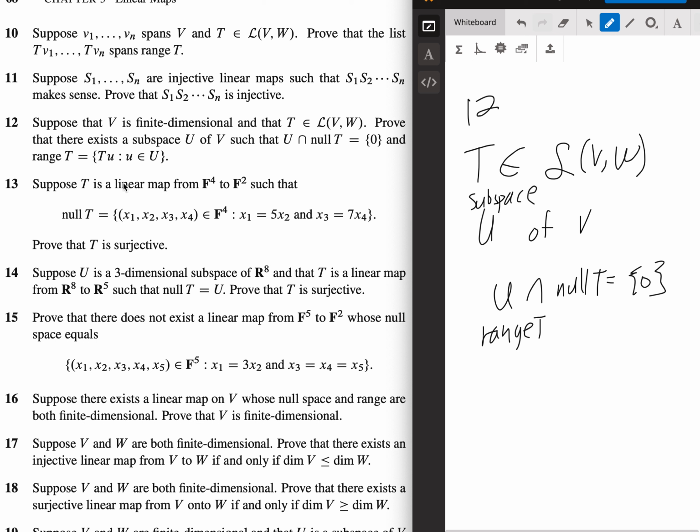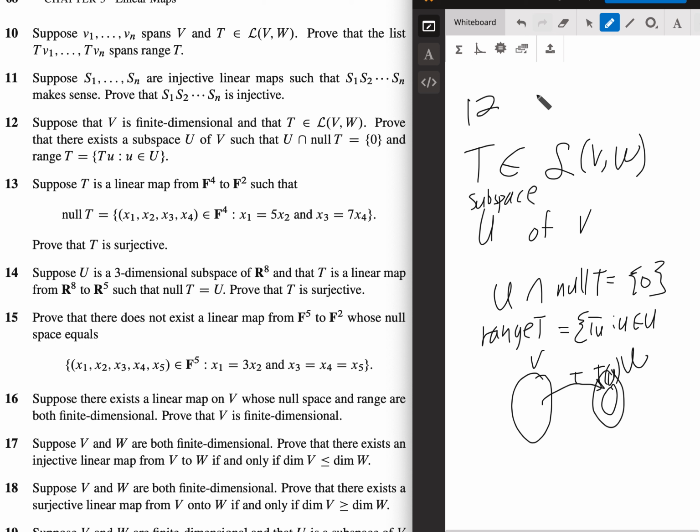I mean, it's just by the definition of, well, actually, no, it's not. It's saying the only elements, so if you map from V to W, then the only elements that actually get mapped by this T are the elements in U. Everything else gets hidden away somewhere, and I'm not sure where.